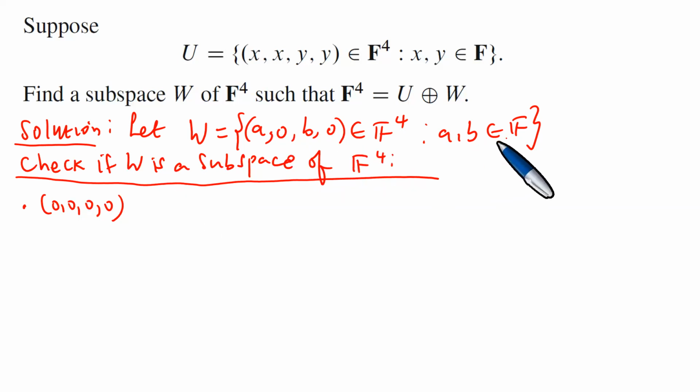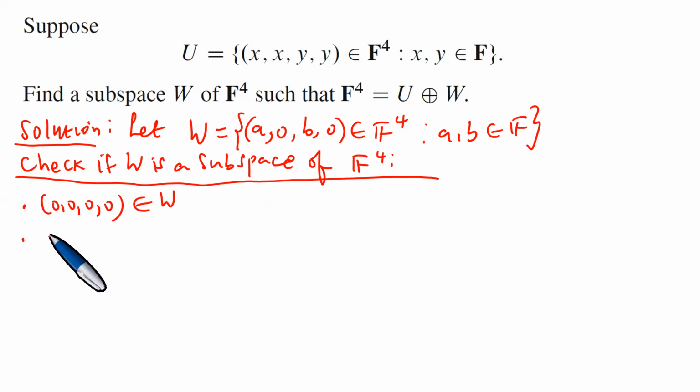But A and B are field elements, so we can have zeros from the field. So the 0 vector is a member of W. That is property number 1.